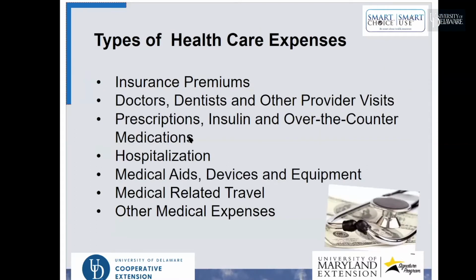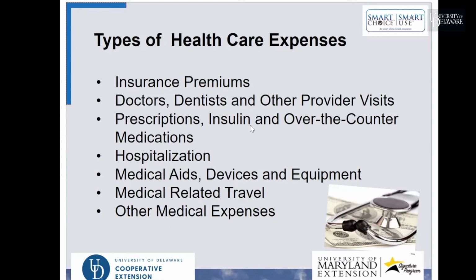Those are all great answers. Some of the answers that we put together are insurance premiums. Again, you're going to pay your premium on a monthly basis. When you go visit a doctor or a dentist or a provider, there's usually a fee associated with that. When you get things such as prescriptions or insulin or over-the-counter medications, there's a cost there.